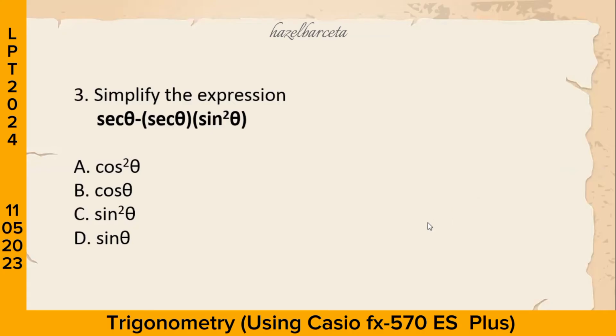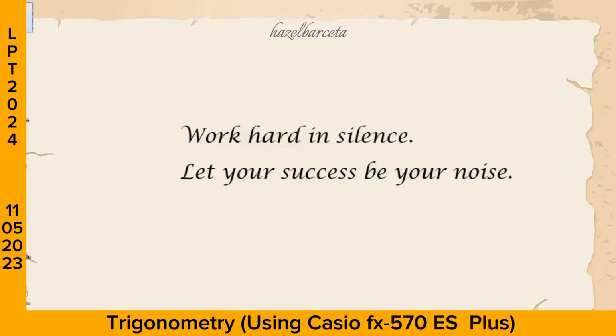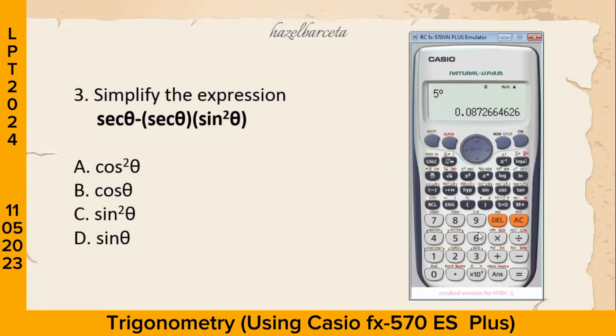Okay, number 3. Simplify the expression. Here we have now the reciprocal. So, yung napag-usapan po natin, kapag walang degrees, radians po tayo. So, secant. Ano nga po si secant? 1 over cos. Mag-ingat po tayo sa ating cursor. 1 over cosine x.